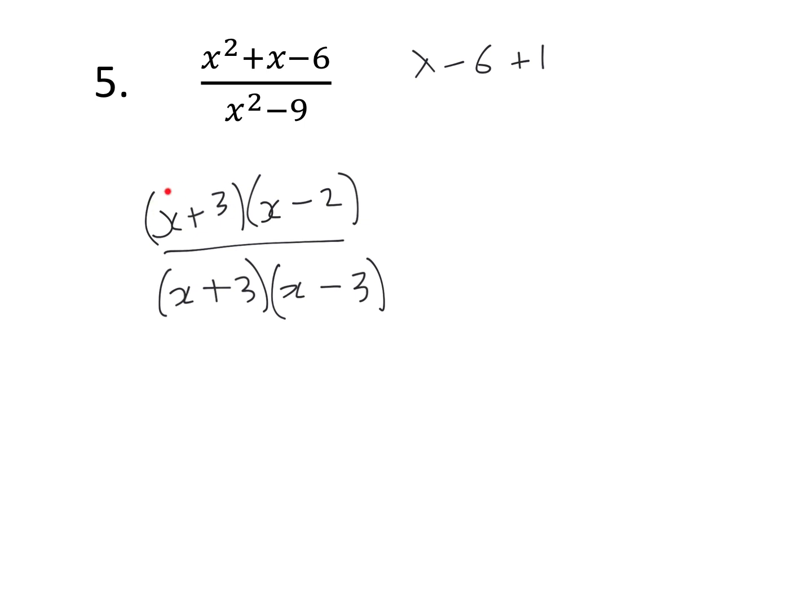Now we've got the factor x plus 3 multiplied by the factor x minus 2, and on the denominator, x plus 3 is your factor, and x minus 3 is your factor. So we can divide through by any common factors, which are x plus 3. We're left with then x minus 2 over x minus 3.